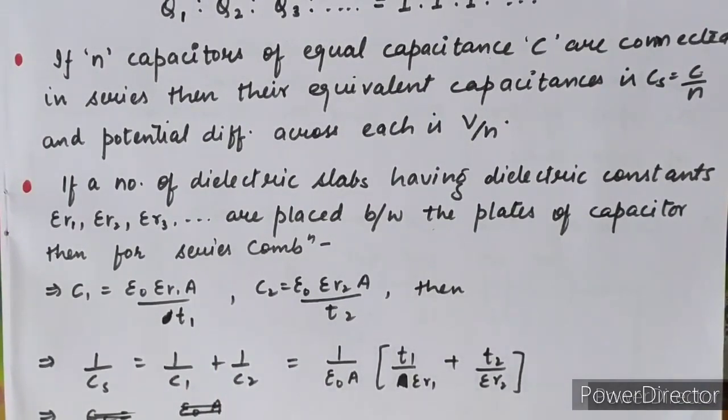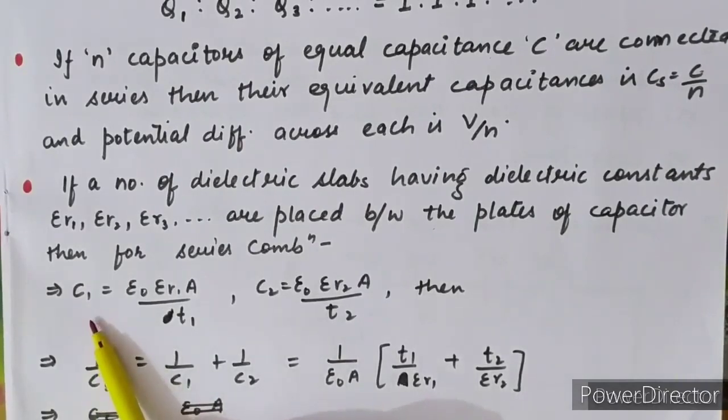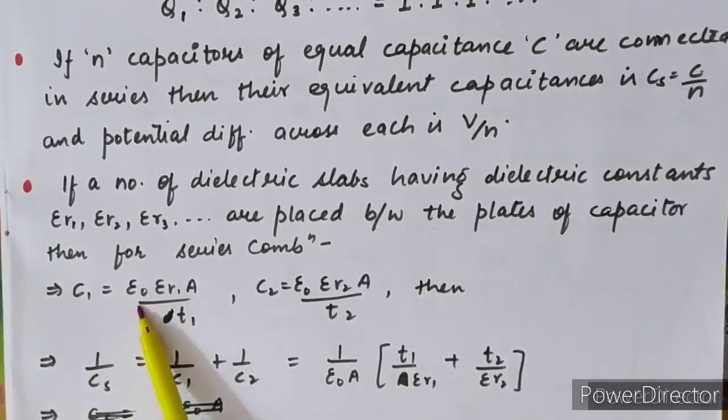First of all, we have to calculate it for each of the capacitors. C1 is equal to epsilon naught epsilon R1 A upon T1.